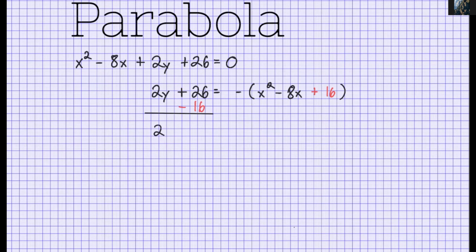This will be 2y plus 10, and this will be negative (x minus 4) squared. So by isolating the y, I will have y equals negative 1/2 of (x minus 4) squared minus 5.